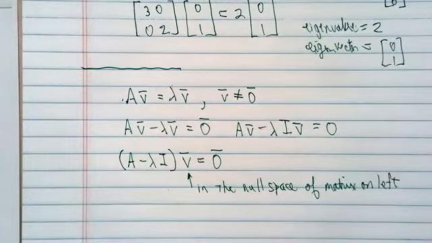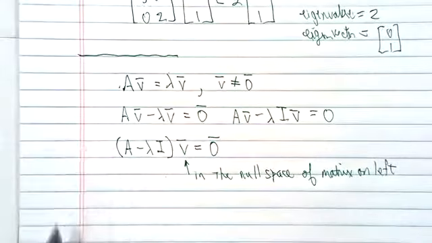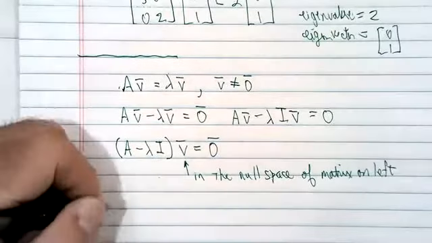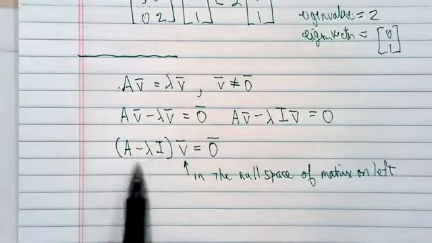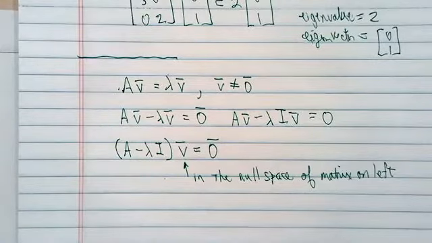Think about the identity matrix, for instance. It doesn't zero out anything except the zero vector. So the only time you can get a non-trivial solution is if this thing here is singular. It has a non-trivial null space, in other words.